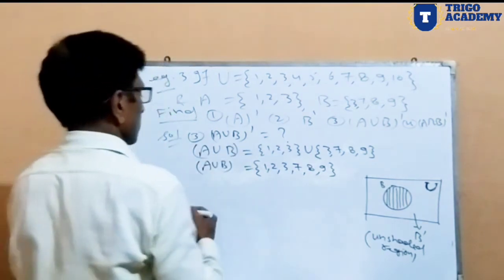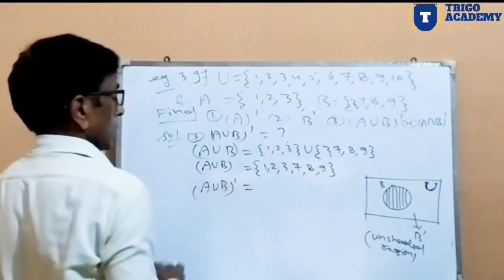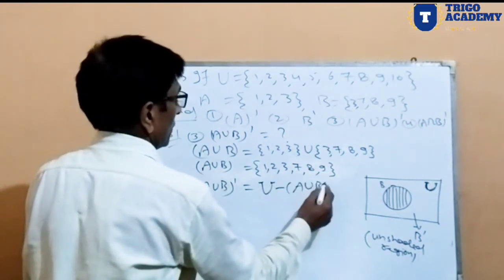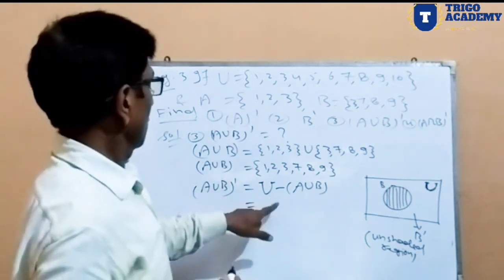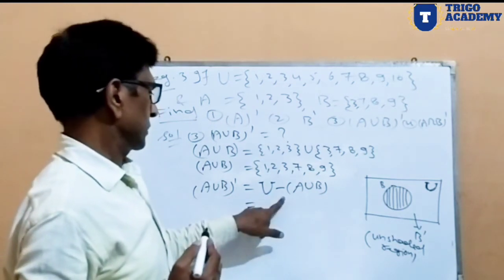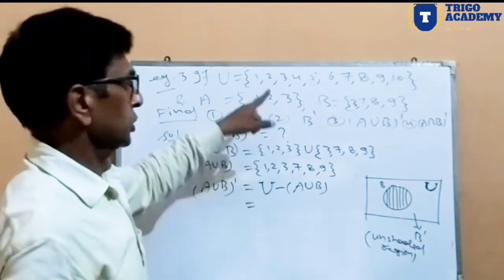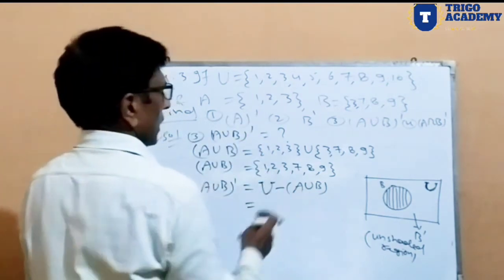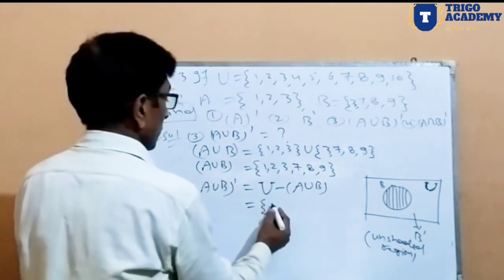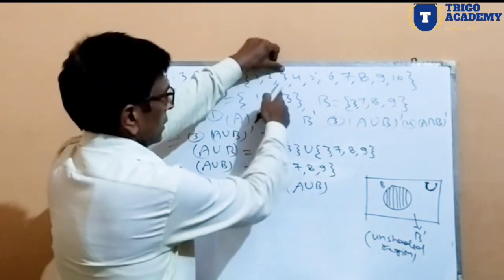Now after this, (A union B)' will be equal to U minus (A union B). Here, to find (A union B)', we subtract elements of A union B from elements of U. So this value will be equal to: 1, 2, 3 are common.